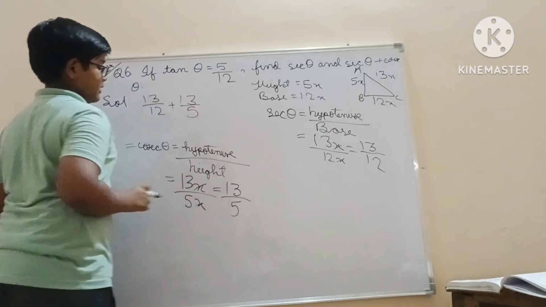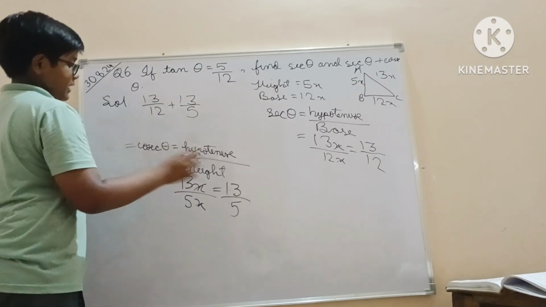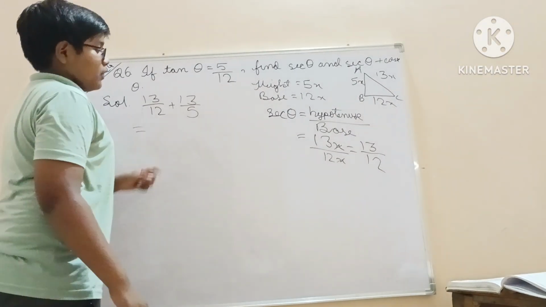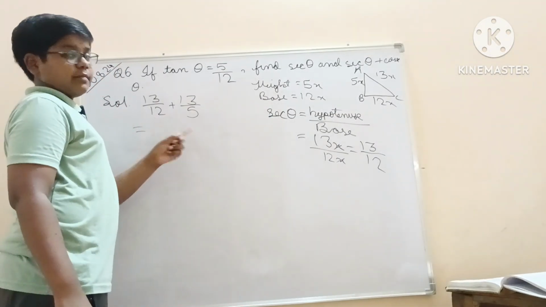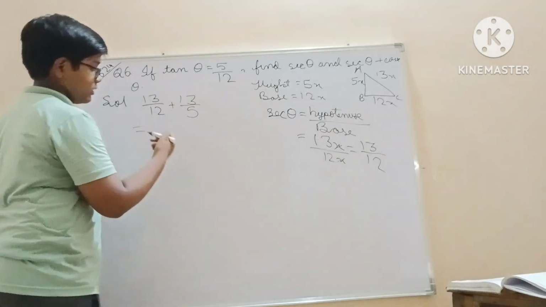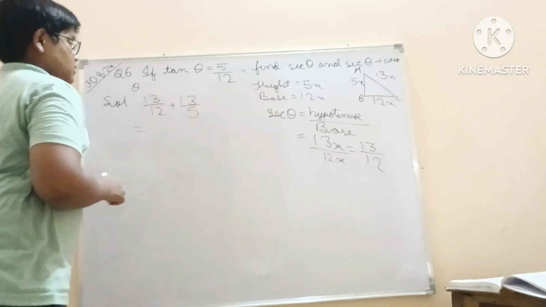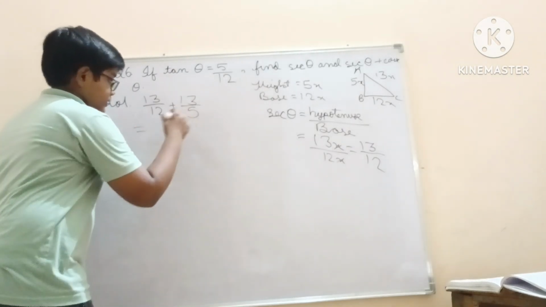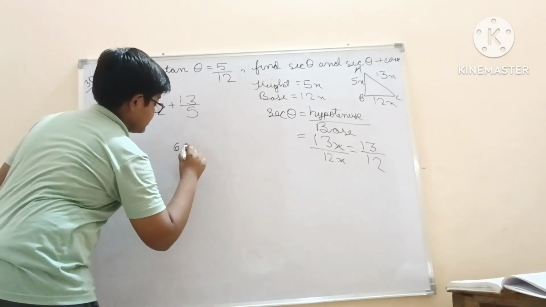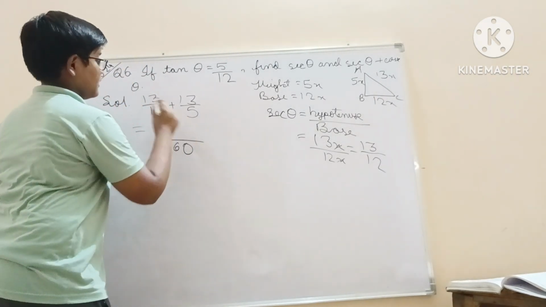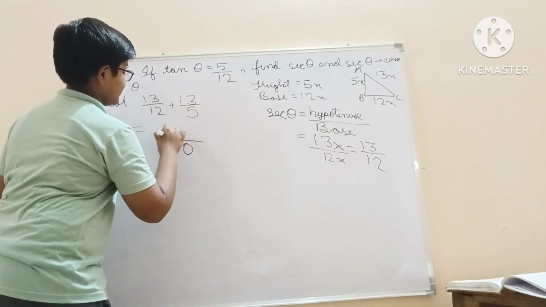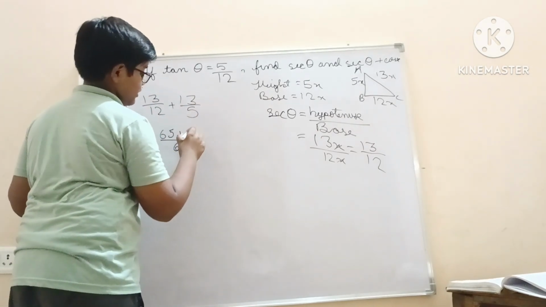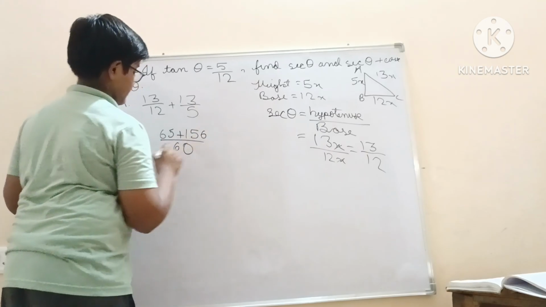Now we will evaluate this by the LCM method. Now we are doing it with the LCM method. We will multiply both the numbers in order to get our equation, which is 12 5s are 60, and this 5 will multiply here, 13 5s are 65, plus this 12 will multiply with 13 and we will get our value as 156.